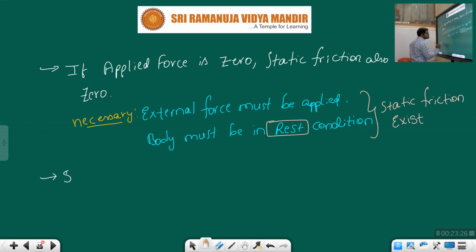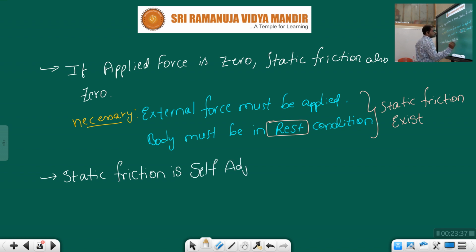Means static friction is a self-adjusting force. Static friction is a self-adjusting force.